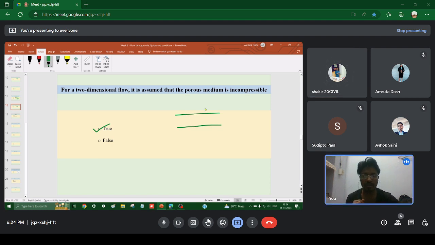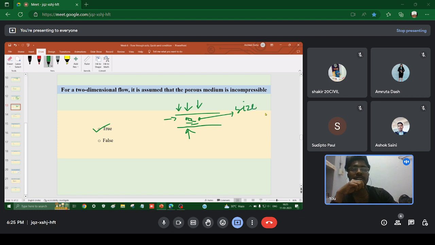Because in a porous medium, if it is compressible, then with the increment in pressure or due to any amount of water pressure whatsoever, the volume will change. If the volume changes, or it squeezes or expands, then the pore spaces, the size will change, right?